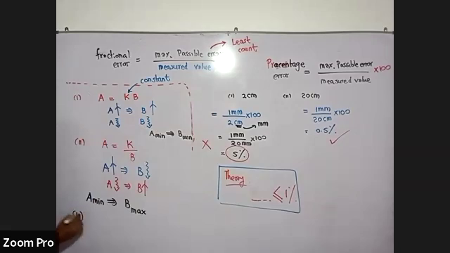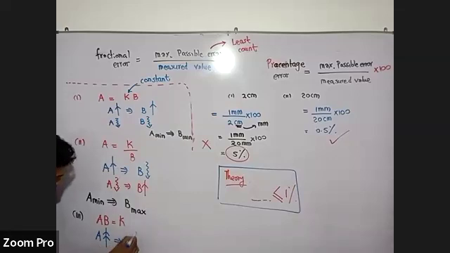In the third example, let's take this instance: the product of A and B is constant. According to this, when A is increased, what happens to B?